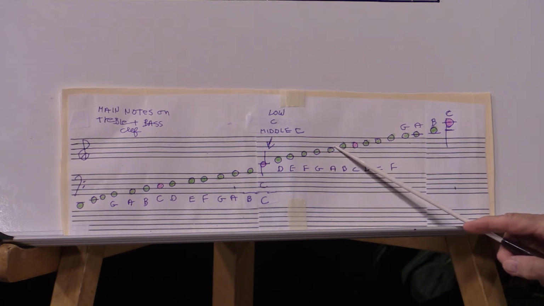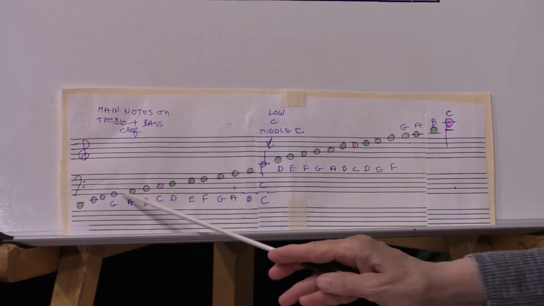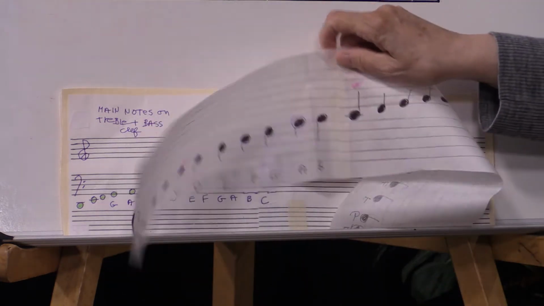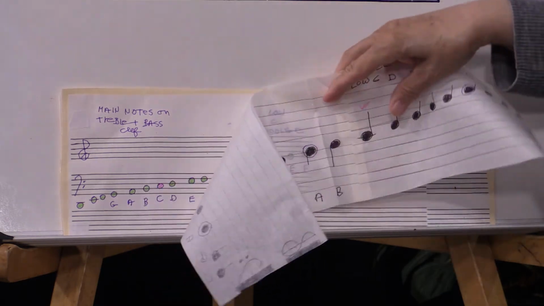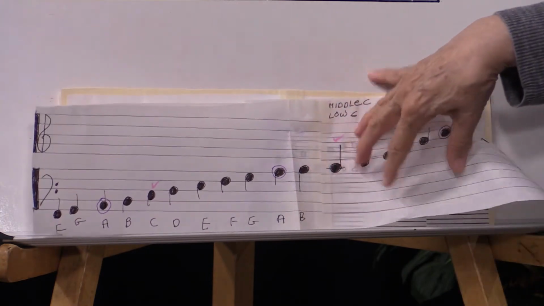I just wanted you to see how this works out, because it's just the way the notes flow. And there's a 2-step difference, as I said before, between the notes of the treble and the bass clef.